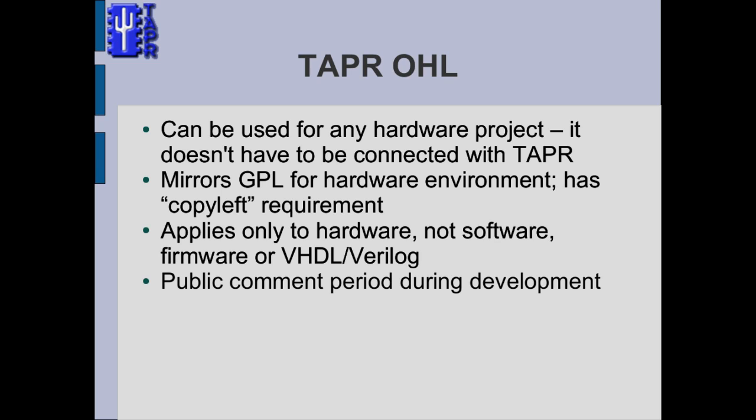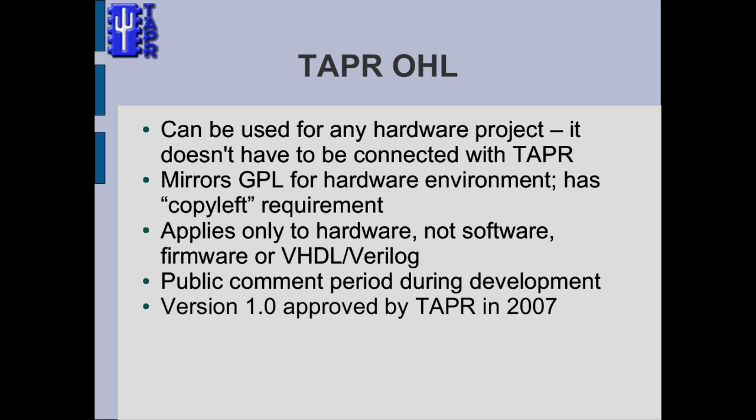I think we received about 80, and a number of those comments led to improvements in the final released product. So I think it's kind of cool that we used an open process to develop an open hardware license. Version 1 of the Tapper open hardware license was approved and released in 2007. We're currently working on version 1.1, which is really a set of minor changes based on what we've learned over the last 6 years.